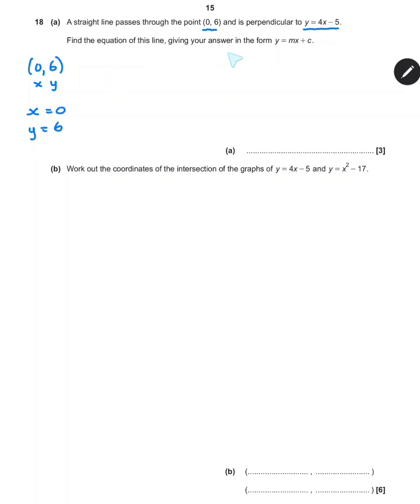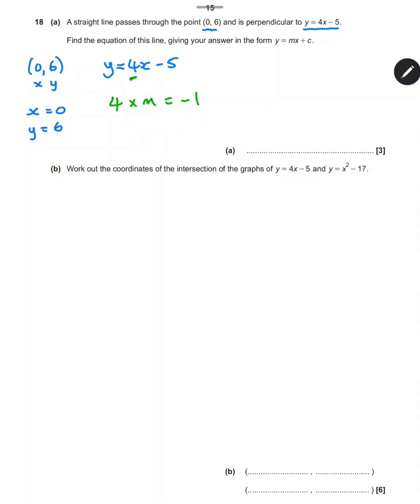We know this straight line, y equals 4x minus 5, is perpendicular to the line I'm looking for. Well, when you've got perpendicular lines, their gradients multiply to -1. So 4 multiplied by our gradient that we're looking for is -1.